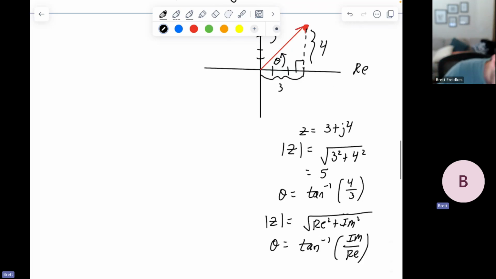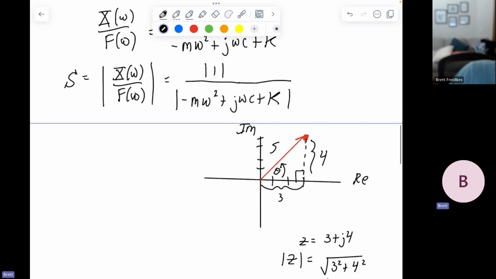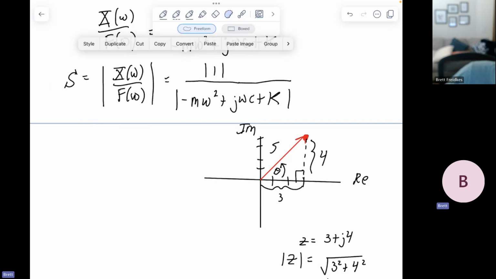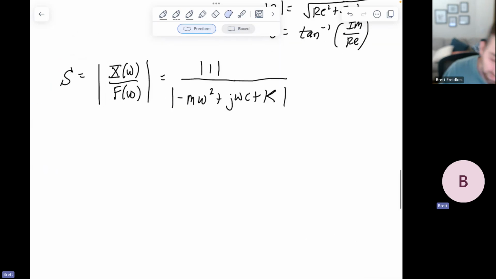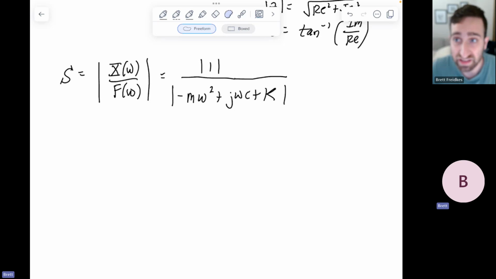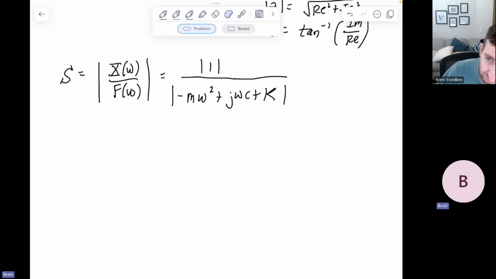So now let's go ahead and use that concept here. Let's look at this expression again. I'm going to copy and paste this again, and bring it down lower. So we have the magnitude of 1 inside of the numerator. And if we were to plot that in the complex plane, let's just show that.